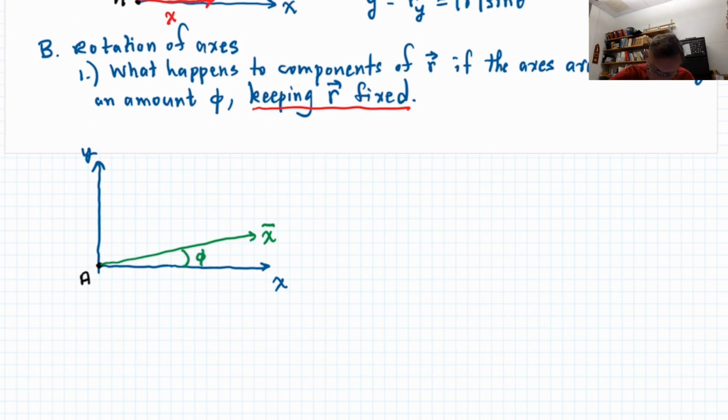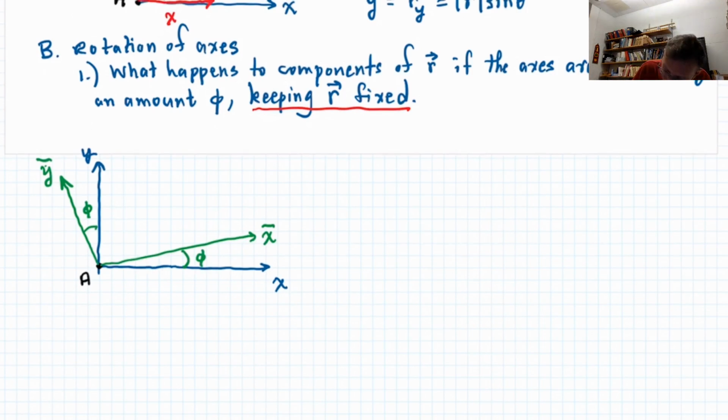And then the new y-axis, which we'll call y bar, has to be perpendicular to the x bar axis. So y bar is rotated from y, also by the amount phi. So x and y are perpendicular to each other, and x bar and y bar are perpendicular to each other. But I have not rotated r itself. Let me try to make sure I've drawn it exactly the same. Like that. Okay? All right.